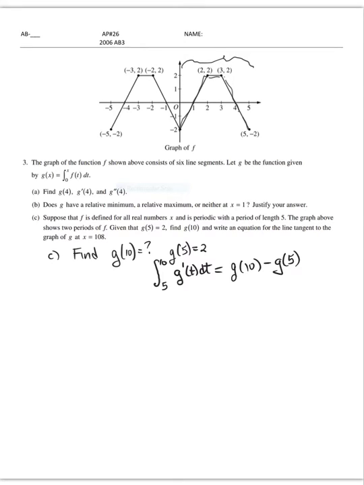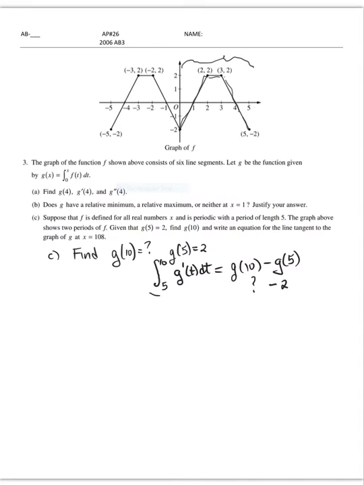Now, if you think about it, when we integrate a derivative, we get back the function, so that gives us g. And with the first fundamental theorem of calculus, we substitute the upper limit first and then the lower limit. And that would be true. So we don't know what this is, but I know that this is 2.